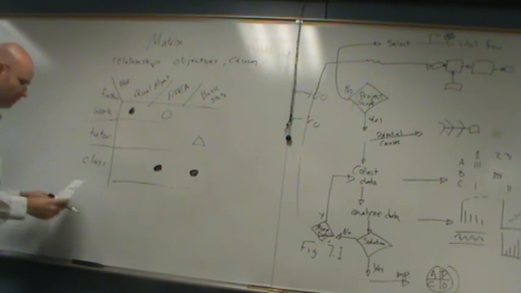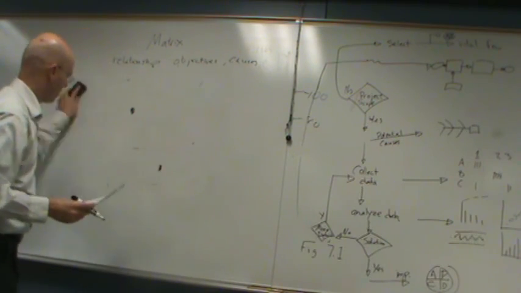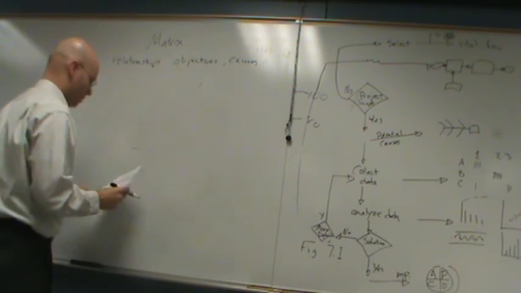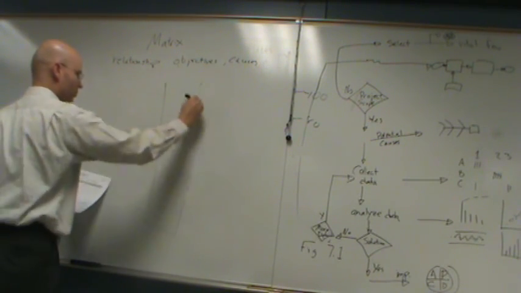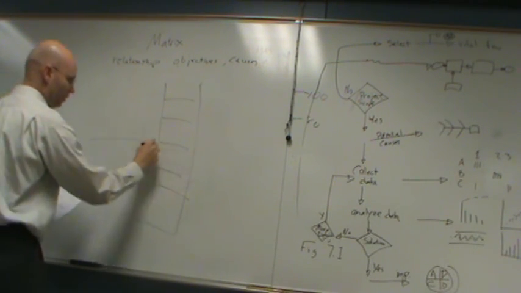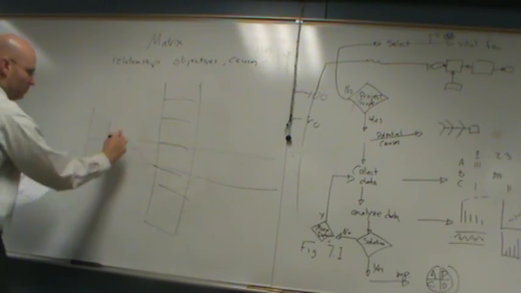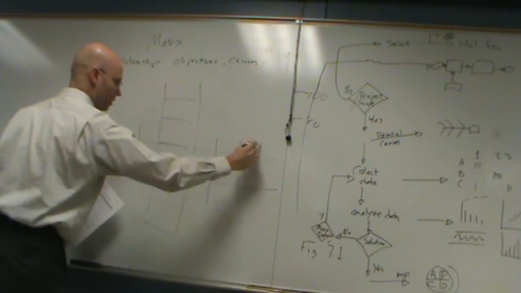You can also have a T matrix. In that case, you put your things of interest in the center and then along one row. That kind of makes sense.